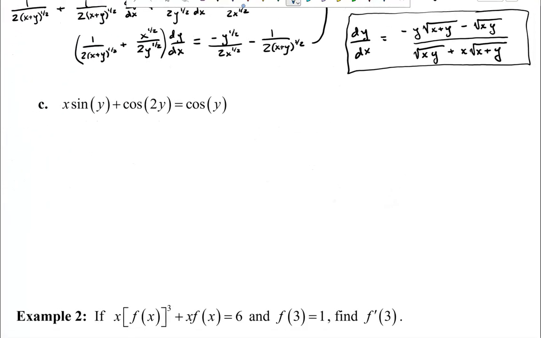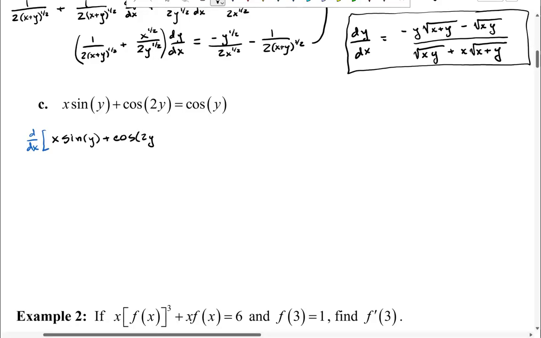So, just as before, we're going to take the derivative with respect to x of this entire side here, and also on this side. So notice right here, we're going to need to use a product rule.